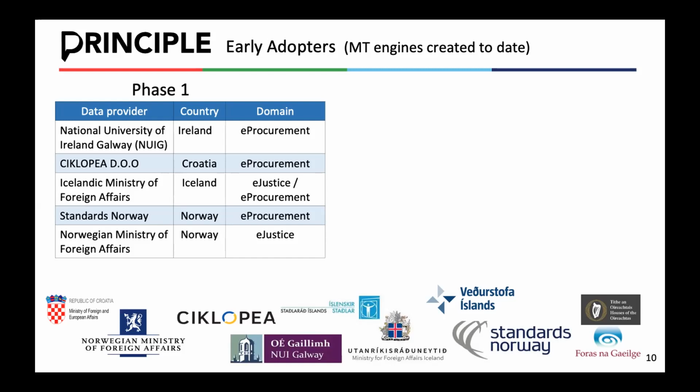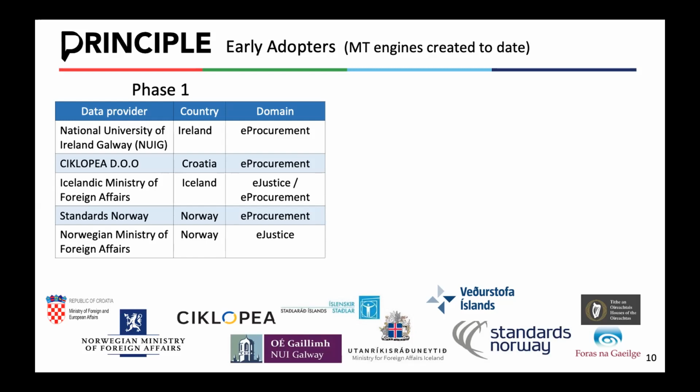And during this phase, the National University of Ireland in Galway came on board. Cyclopeia, who are a translation company in Croatia, the Icelandic Ministry of Foreign Affairs in Iceland, and in Norway we had Standards Norway, who work on the ISO and all those type of qualifications, and the Ministry of Foreign Affairs.